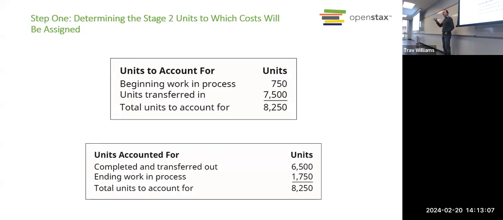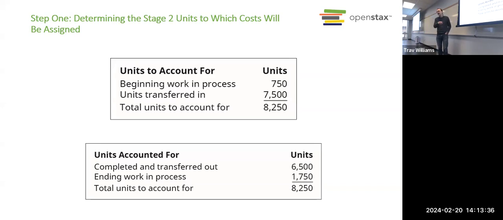This is now the same company, same products, but we're looking at the data for a separate department. So in the packaging department, they had 750 units of drumsticks that they were already working on at the beginning of the period. So those were units they didn't finish last period. And the 7,500 just got transferred in.